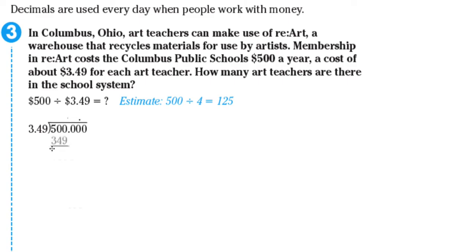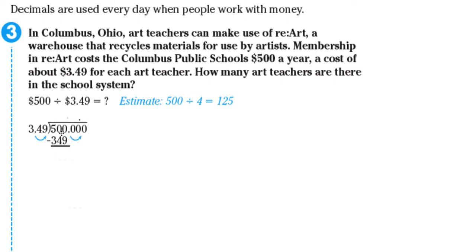We move it there, and 500 is moved twice, so our decimal goes up there. So we multiply this by 100, multiply this by 100, or simply move the decimal place 2 spaces to the right. So the decimal place is there, and we divide normally.